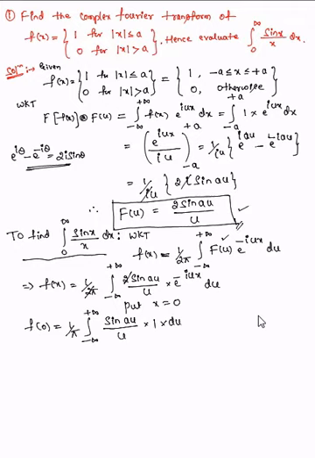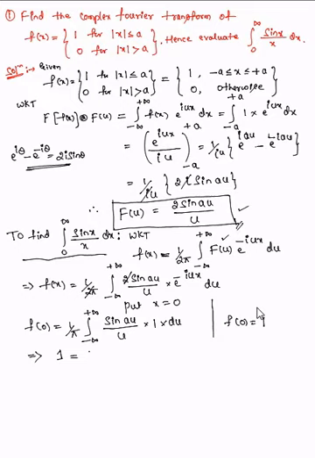Now, what is f of 0? You can observe that 0 lies between minus a to plus a. That means 0 is present in this interval, and in this interval the functional value is 1. So when x is equal to 0, the value of f is 1. I can write f of 0 as 1 here.